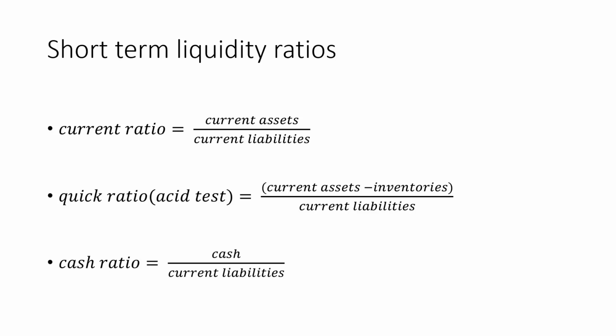The third is really an important and a very harsh kind of test, which is essentially the cash that the company holds at any point of time divided by its current liabilities. So current assets may have items such as marketable securities or small investments or receivables, which typically are received within 60 to 90 days, but the cash ratio is really a harsh test of the company's liquidity obligations.